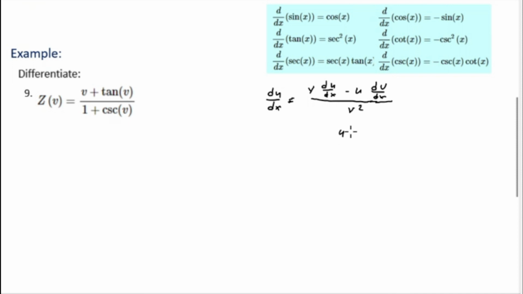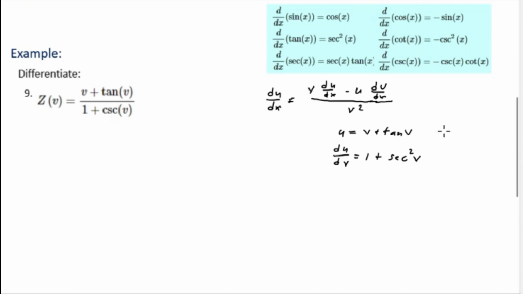First, we identify u, which is v plus tangent v, and the derivative du over dv is equal to the derivative of v, which is 1, plus the derivative of tangent v, which is secant squared v.